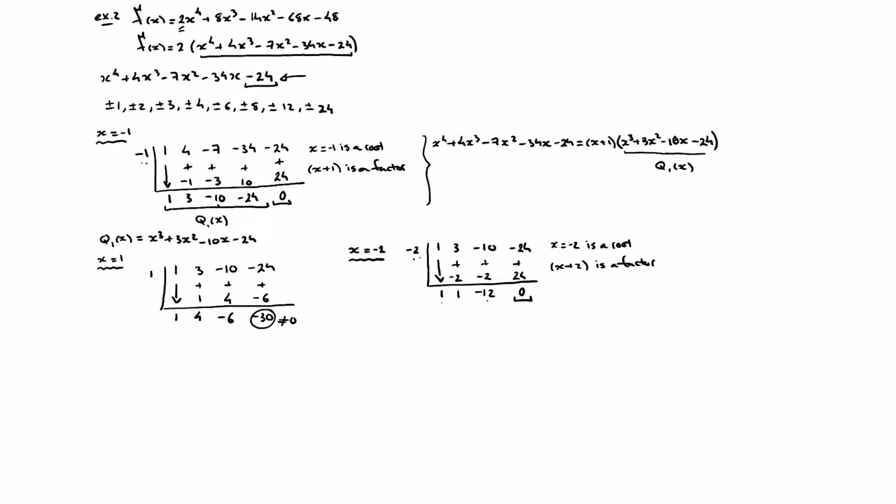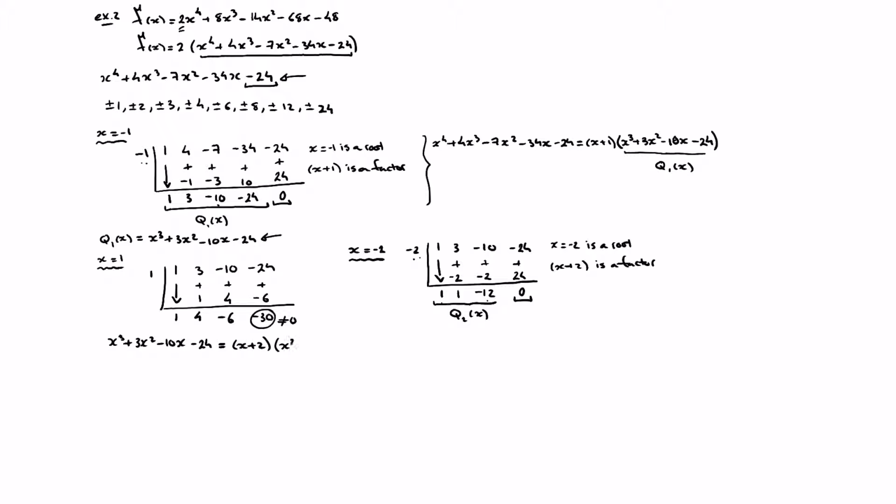And we have the coefficients of our second quotient polynomial, which I'll call q2 of x, at the bottom of this table. So at this stage, we can say that our polynomial q1 of x is equal to the following: x cubed plus 3x squared minus 10x minus 24 equals x plus 2, the factor we just found, times q2 of x, which is a quadratic function, and its coefficients are 1, 1, and negative 12.